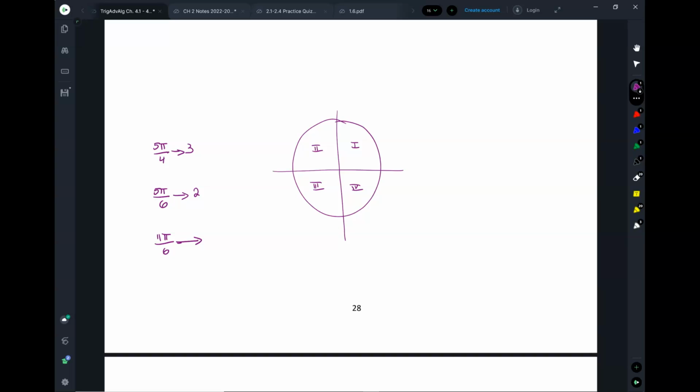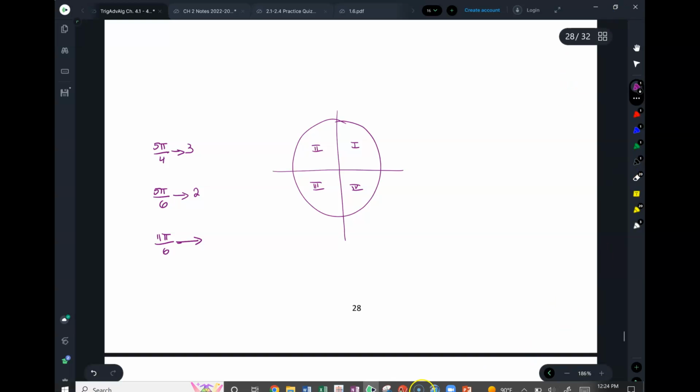Okay, who says 2? Who says 3? Who says 4? 4, right? Because you have 1 pi over 6, 3 pi over 6, no, 5 pi over 6, 7 pi over 6, 11 pi over 6. All right. So I think we will stop there today.